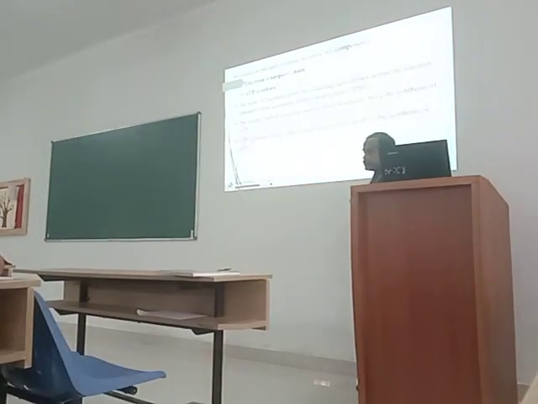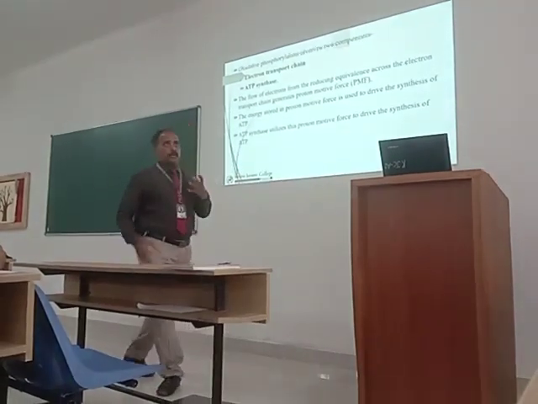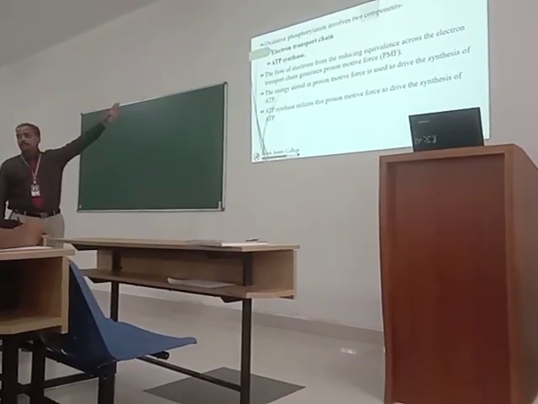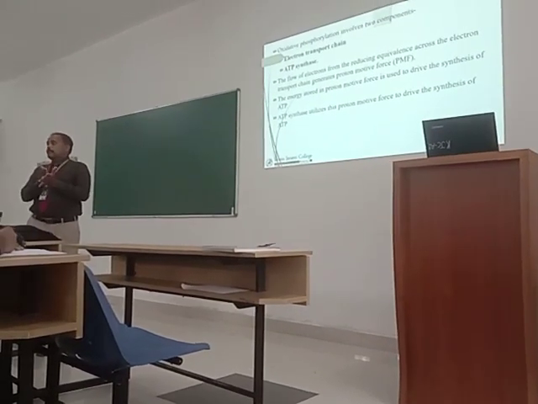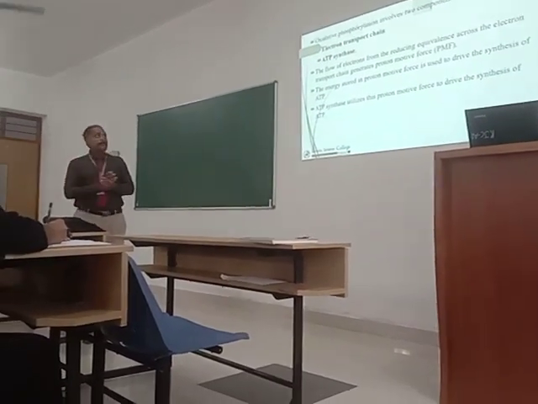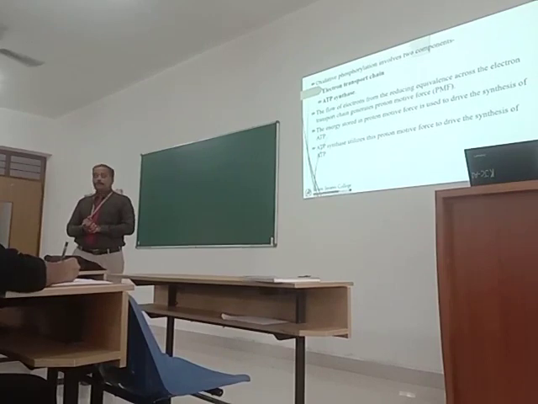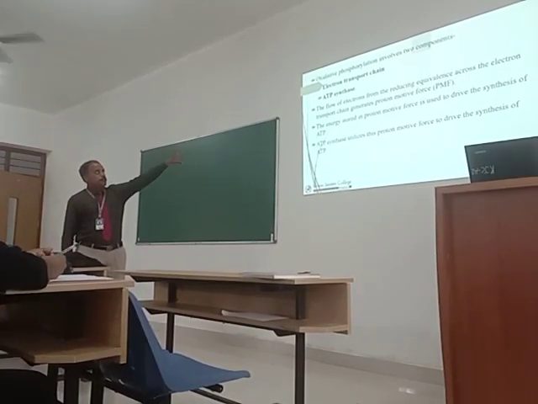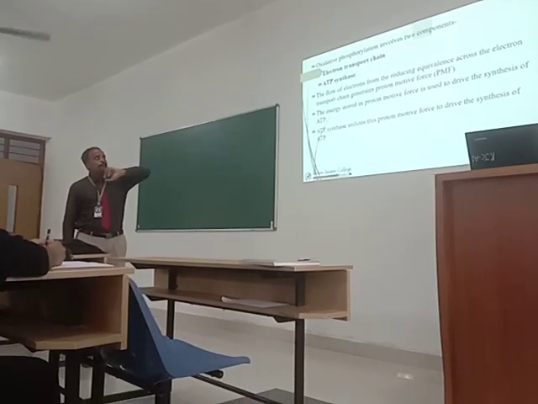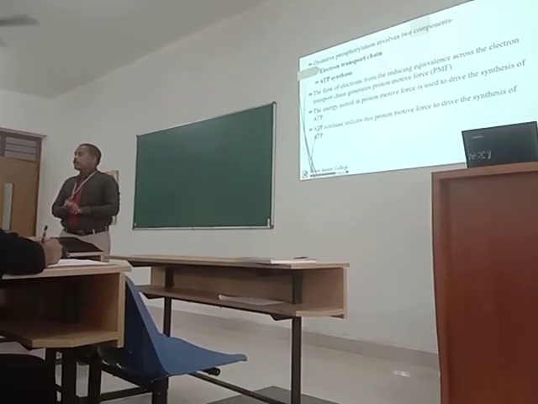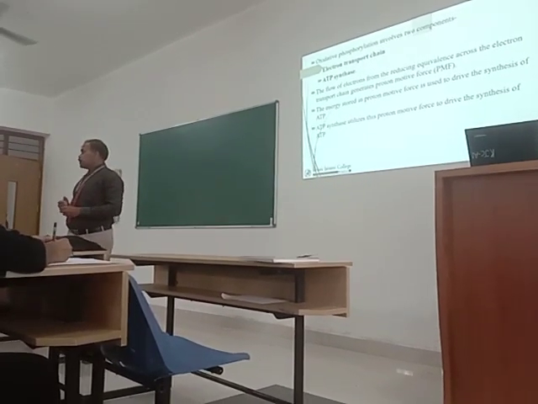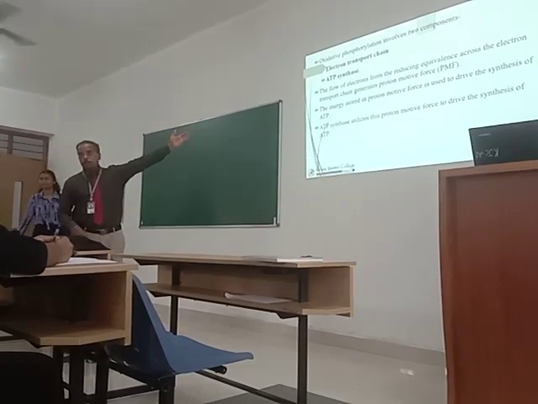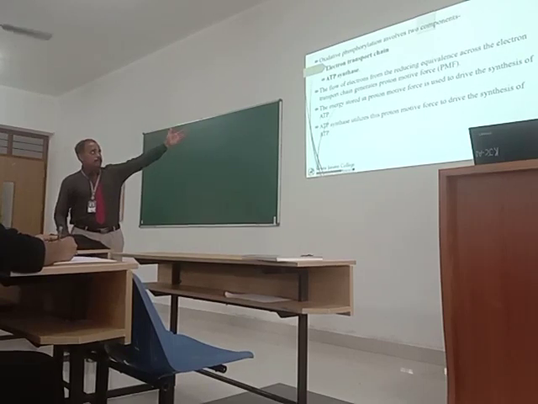So what are the components involved in oxidative phosphorylation? There are two components. It includes the electron transport chain as well as the ATP synthase enzyme. Okay. So if you see step by step, this is the flow of electrons from the reducing equivalents. Reducing equivalents are nothing but NADH and FADH2, which transport the electrons.